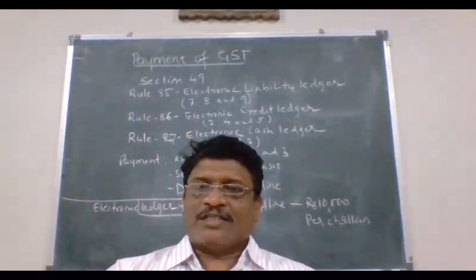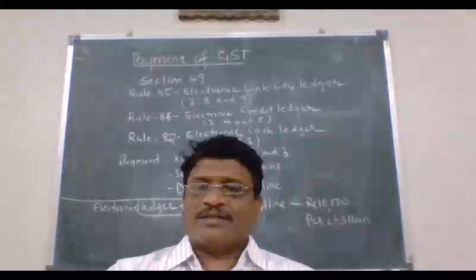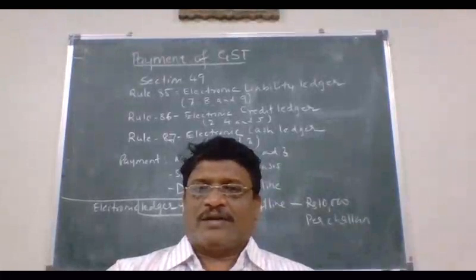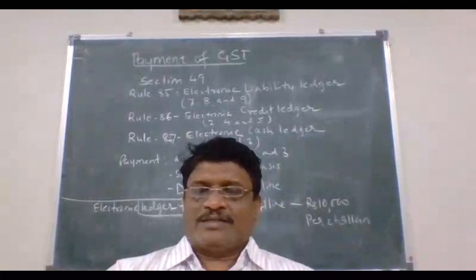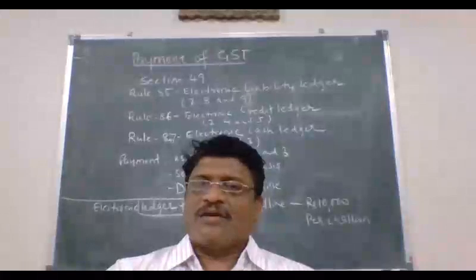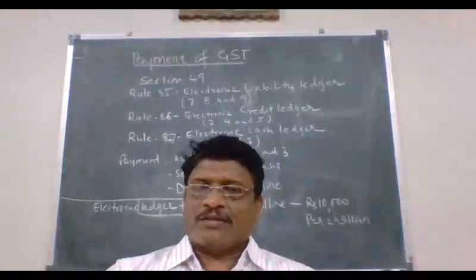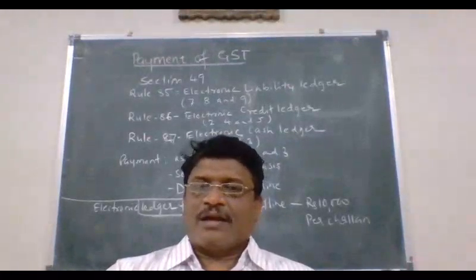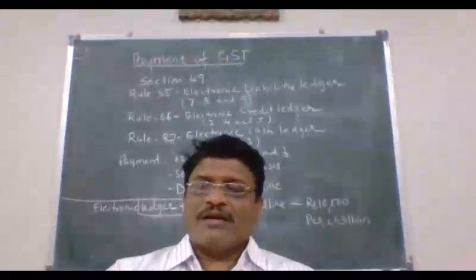While explaining GST returns, I explained that GST return 1 deals with the outward supply, that is the sales, the supply of goods or services or both. Based upon GSTR 1, the GST liability is determined. That is the base for the determination of the GST liability.